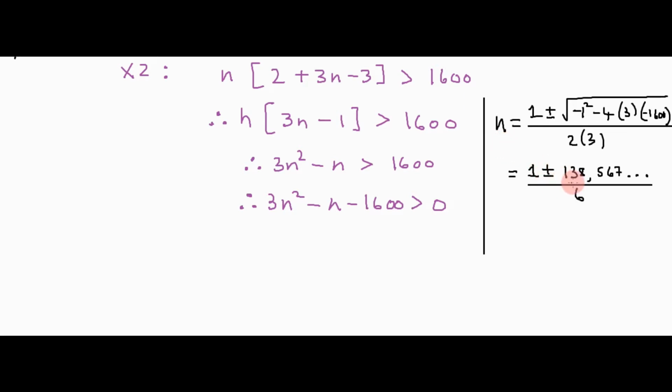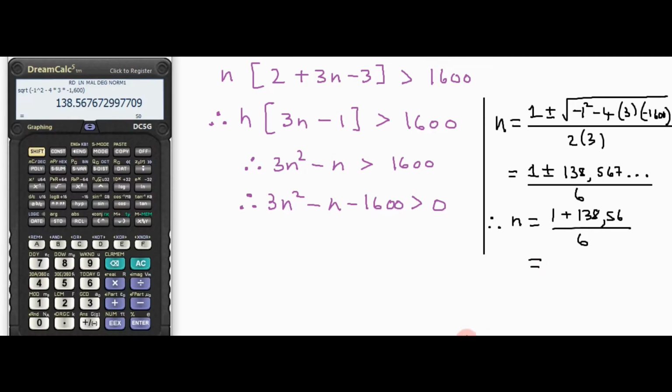So we can ignore the negative answer we get out of here and take only the positive. So 1 plus 138,567 over 6. So plus 1 divided by 6. And it comes to 23,26.